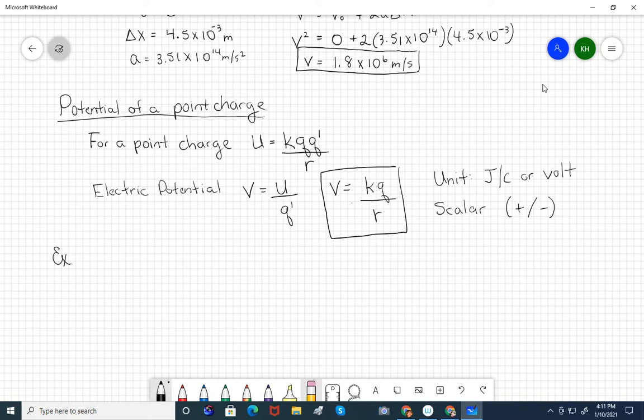This is example 18.2 out of your book. It says a positively charged particle is placed on the x-axis. So here's the x-axis, and right here, we have a charge, positive Q. It says the electric potential increases in the positive x direction. So if we move this way, V increases.